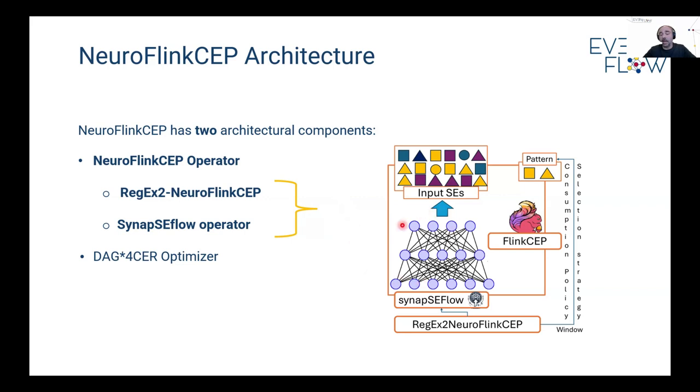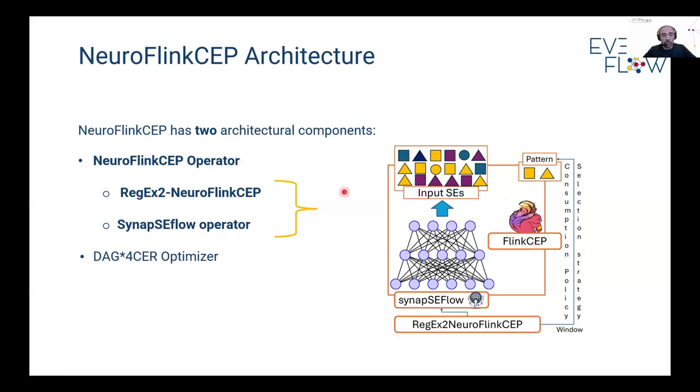This is done by encapsulating a previously trained neural network in a nested operator, which is called the synapse flow operator. So this one ingests perceptual streams and converts them to symbols so that they can be used in Flinksep, which performs the complex event recognition process.